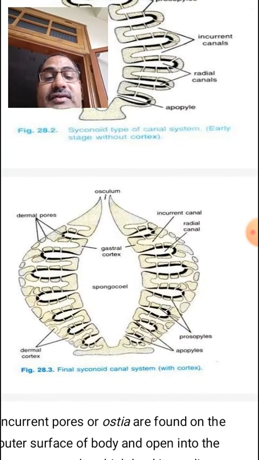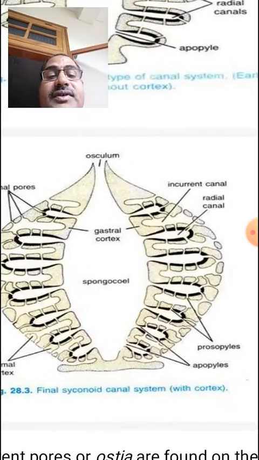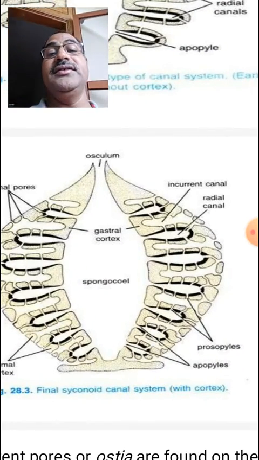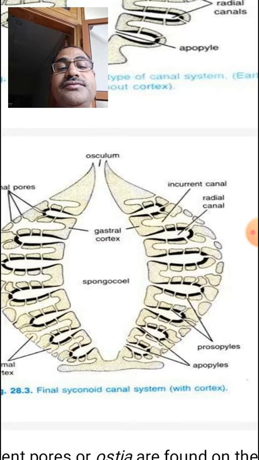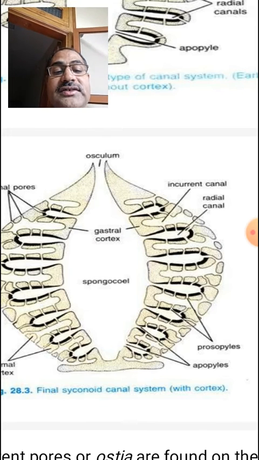In the one with cortex, it is somewhat more complex compared with the one without cortex. So this is the structure of the one with cortex.